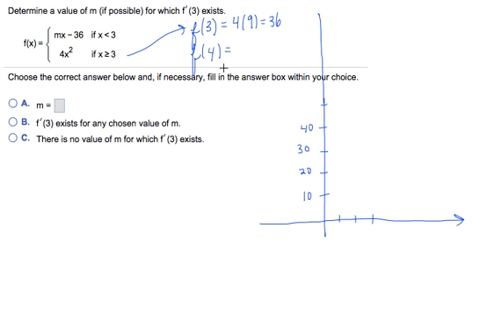Let's see, 4 times 16 is 64. Okay, so when x is 3, the y equals 4x squared.